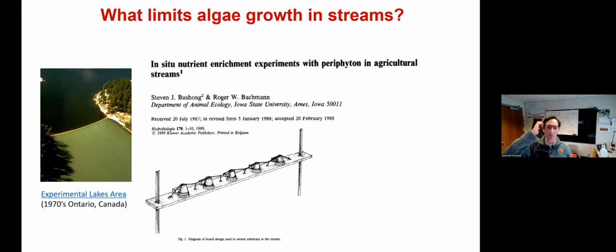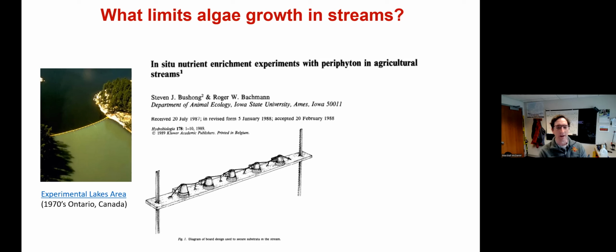There's also been some research on algae growth in streams from Iowa State. These two gentlemen likely retired, or if there was a student, left Iowa State before I arrived, but in 1988 they published this paper in Hydrobiologia where they used gel that was implanted in terracotta pots, and then they placed them on a board.